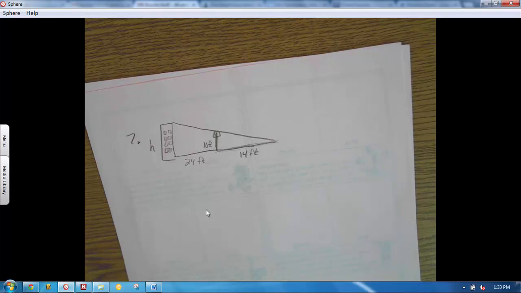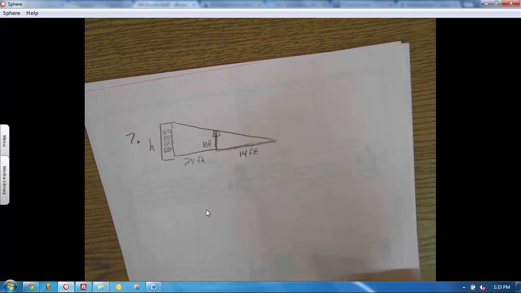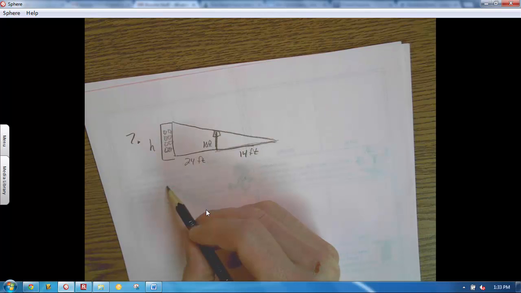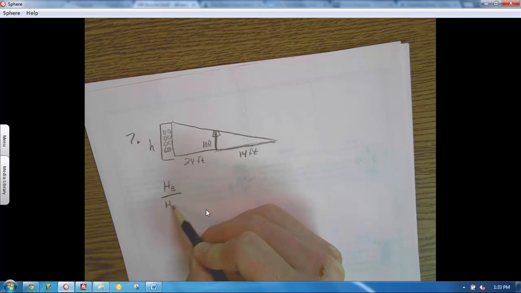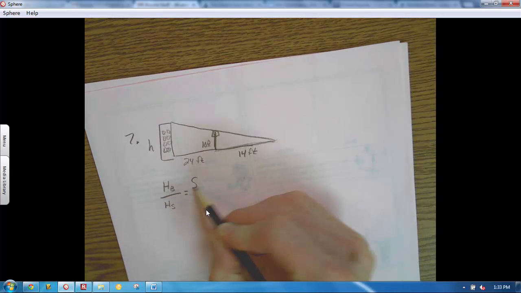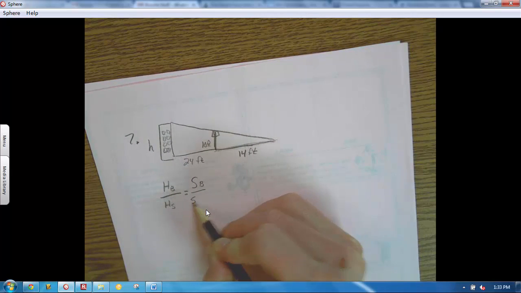Okay, so this looks a little bit different than what we've seen in class. Let me just show you how we're going to set this up here. For me, remember, it doesn't really matter how you set it up as long as you stay consistent. So I'm going to start off with the height of the building over the height of the sign, and I'm going to compare that to the shadow of the building over the shadow length of the sign.